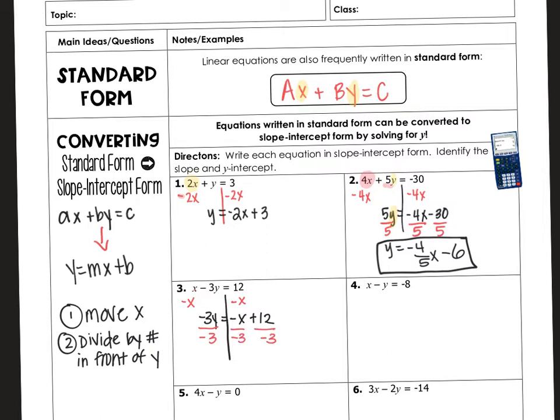And I'm left with y equals, I go to my calculator, negative 1, because there's a 1 in front of that x. Negative 1 divided by negative 3 gets me positive 0.333. Math, enter, enter. I get 1/3 x. And 12 divided by negative 3 is negative 4, or minus 4.